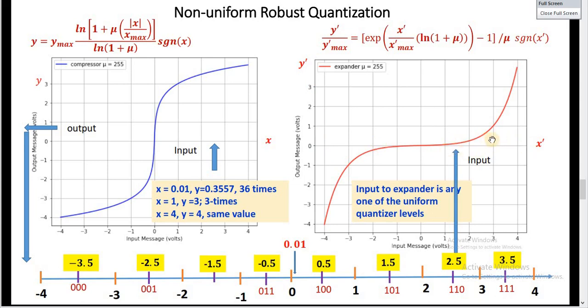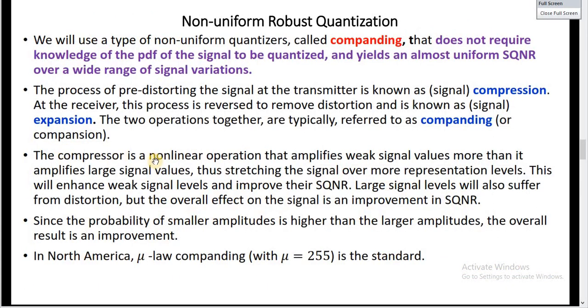X prime, the input at the receiver, as we have said, is any one of these output levels of the uniform quantizer.